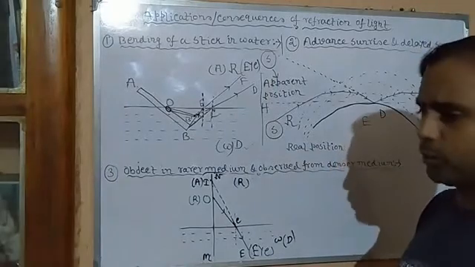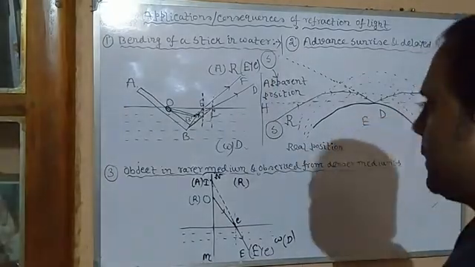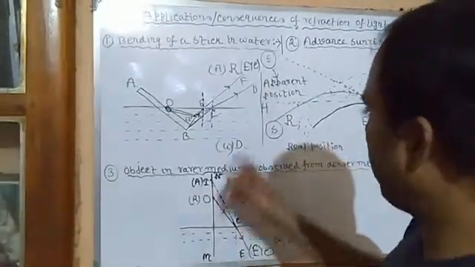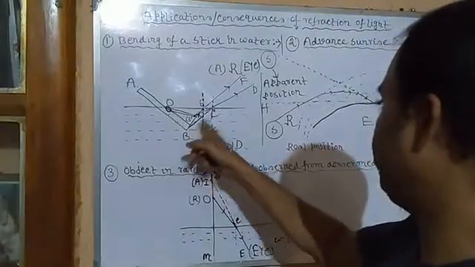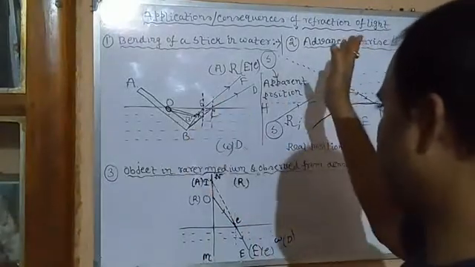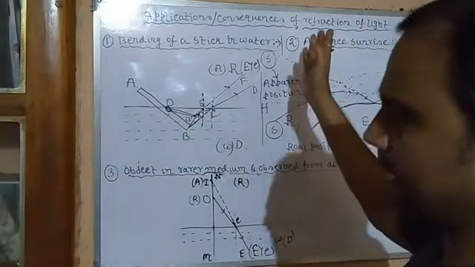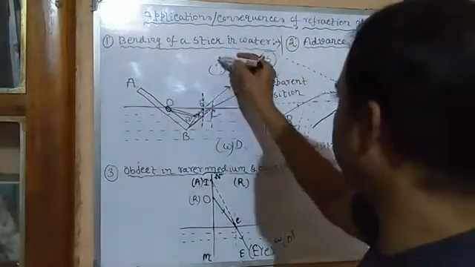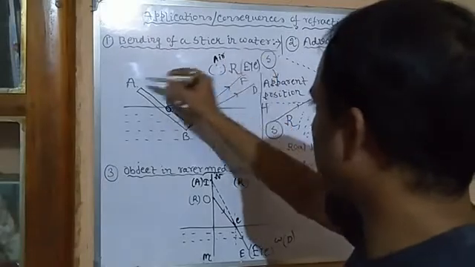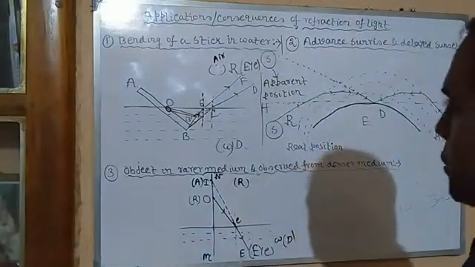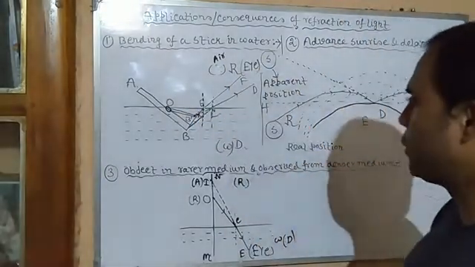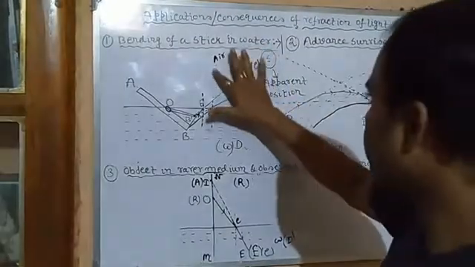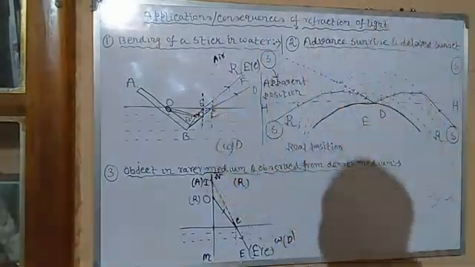Again, another ray, you all know that minimum two rays are required. Another ray coming from B will travel along the path BC. Then again after suffering refraction, after entering the rarer medium, that is air, it will move along the path CD.